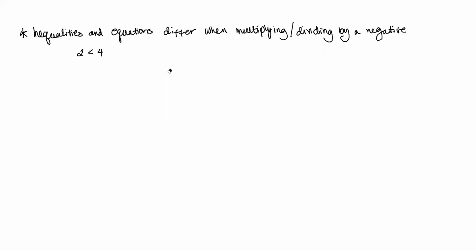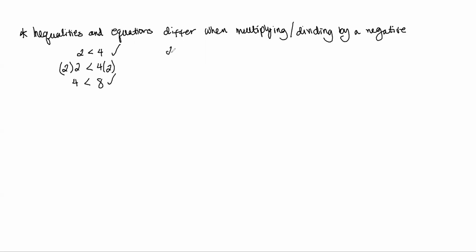So let's look at this inequality here. So 2 is less than 4, that's true. If I multiply each side by 2, then we get 4 is less than 8, still true.